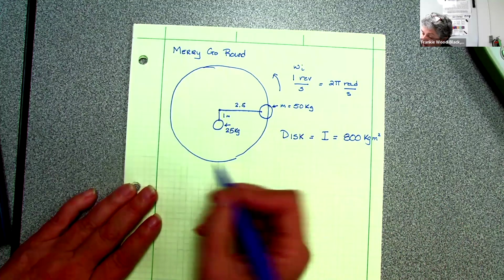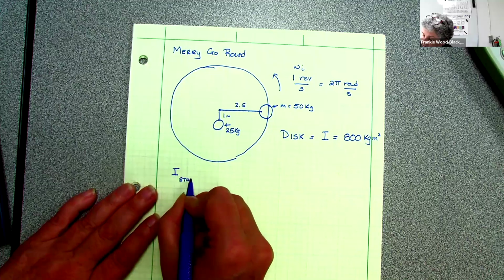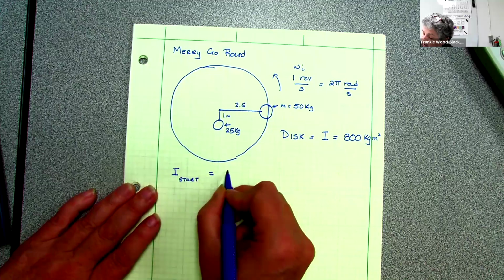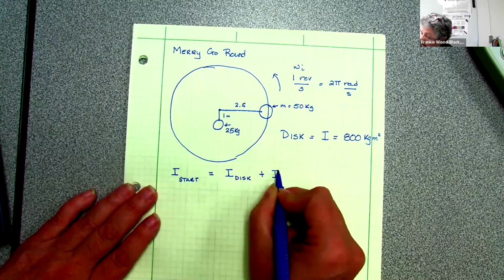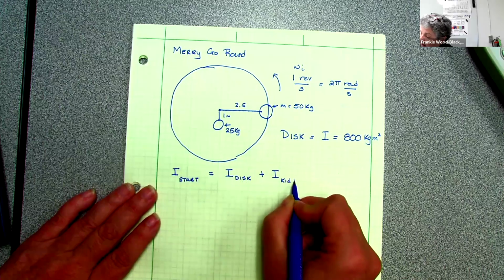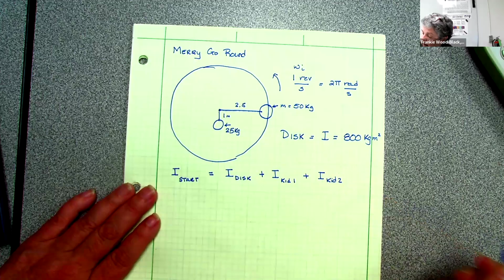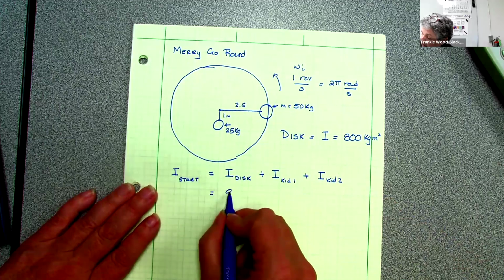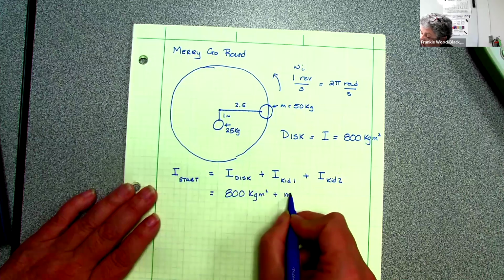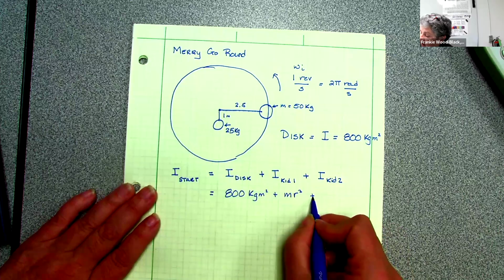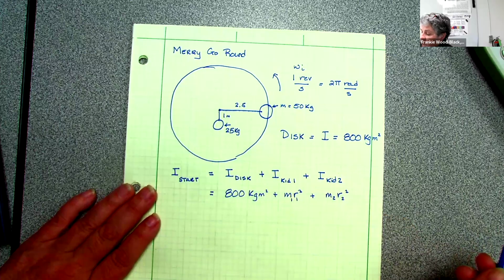So we want to know our moment of inertia to start. It's going to be the moment of inertia of the disc plus the moment of inertia of kid 1 plus the moment of inertia of kid 2. The disc is the one we've been given. Each kid is the mass times its distance squared.